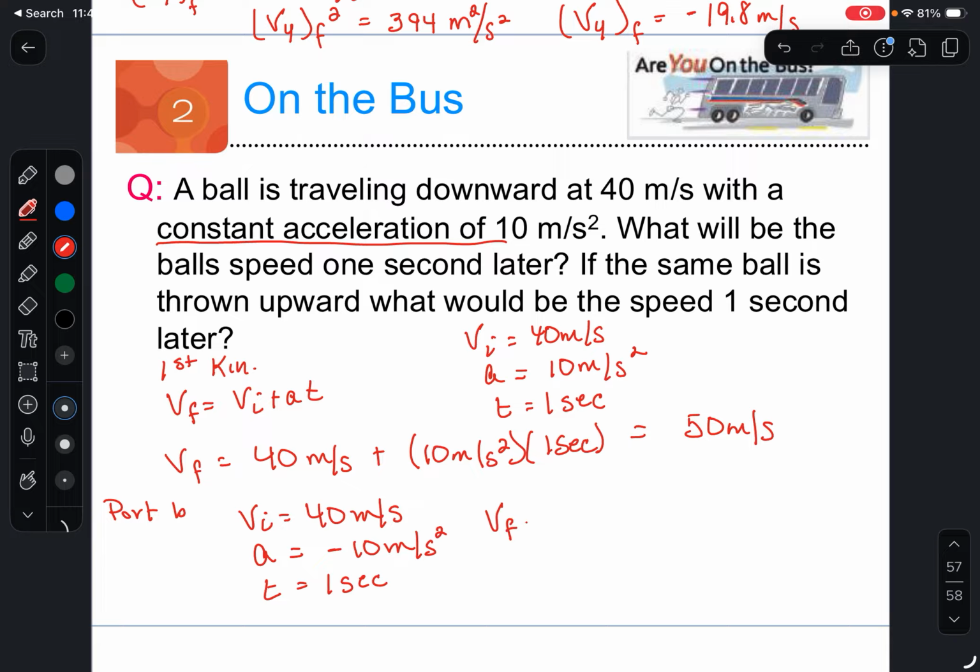So Vf is going to be 40 meters per second plus negative 10 meters per second squared times 1 second. So Vf is going to be 30 meters per second.